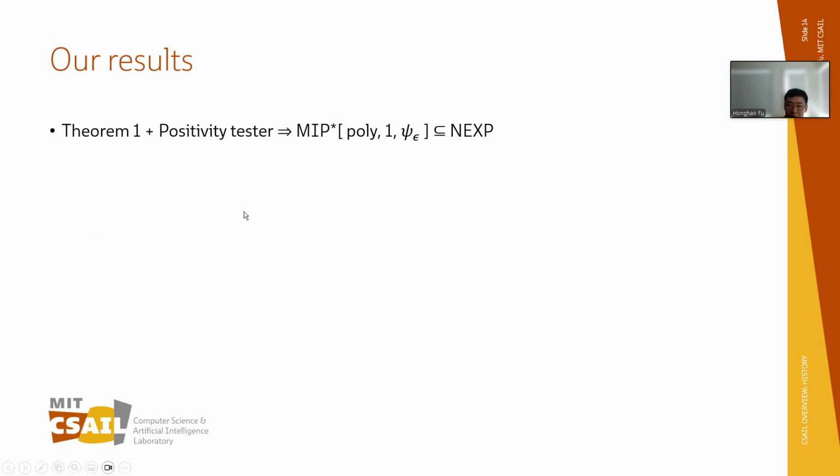And by NEXP algorithm, I mean it's just like an NP algorithm. It has a prover and a verifier, and the prover needs to send the certificate to the verifier, and the verifier needs to check this certificate. The difficulty here is that we are going to deal with exponentially large matrices, so we need this positivity tester to determine, whether you give me a valid strategy, whether the matrices in this strategy are actually positive semi-definite.